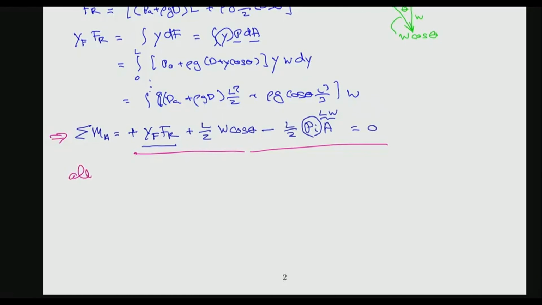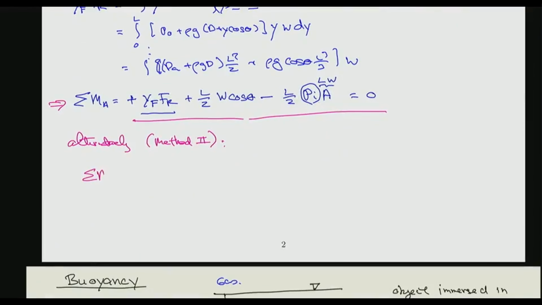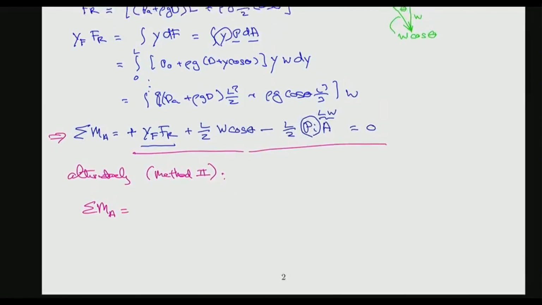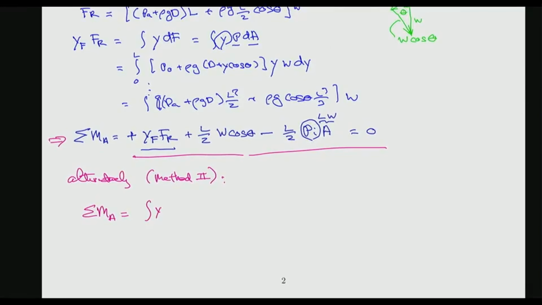So alternatively, this is method 2. By inspection, we could see we need to sum moments, and the sum of the moments would equal 0. There is the moment associated with the distributed force, y dF, plus L over 2 W cos theta minus L over 2 P sub I A equals 0.